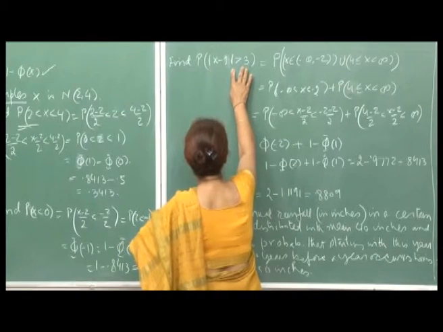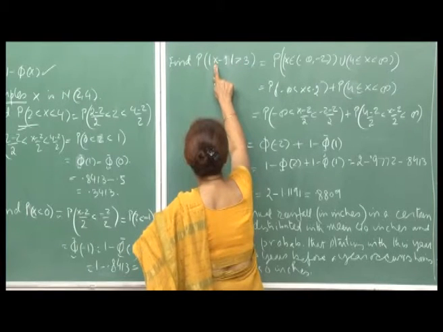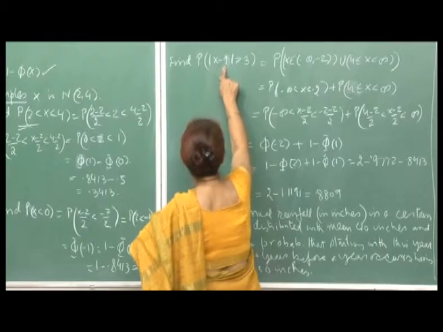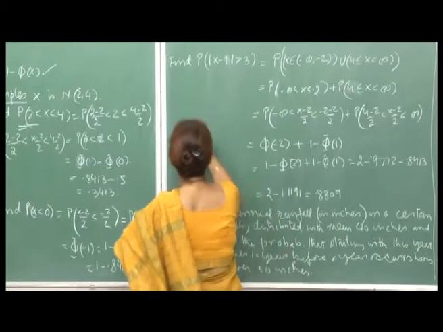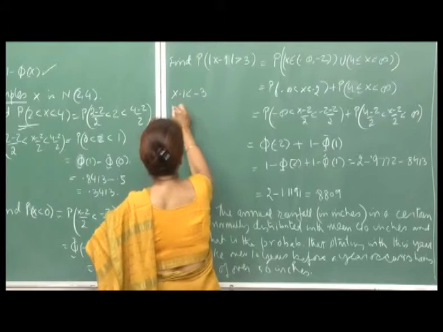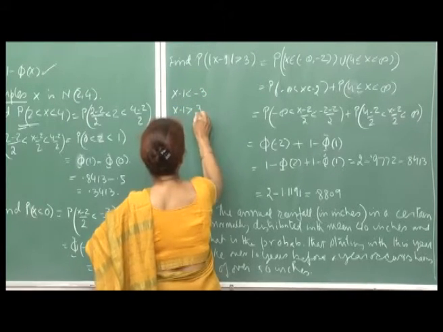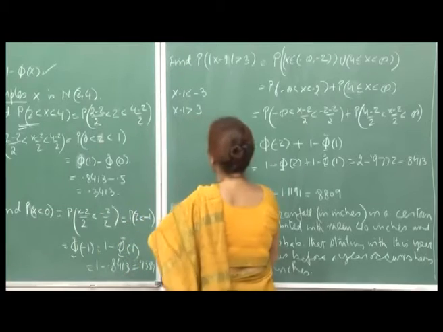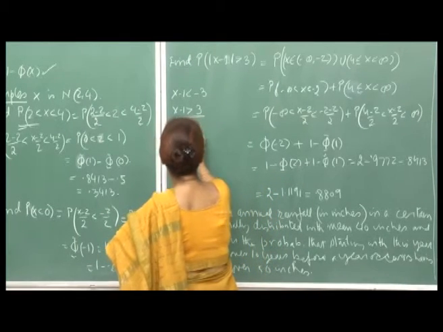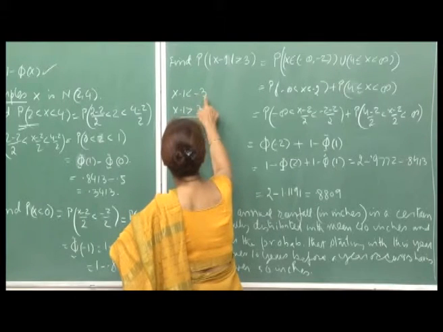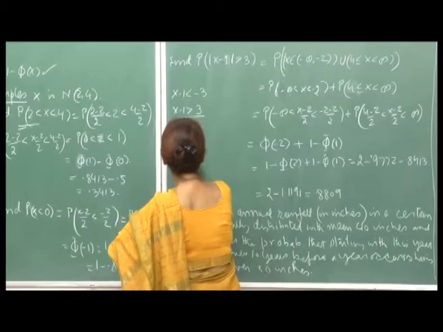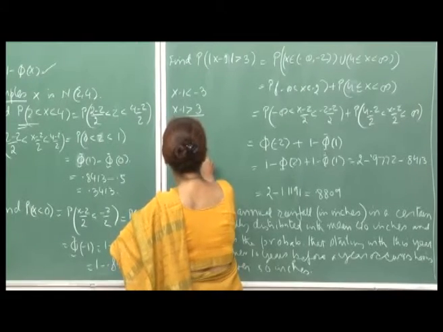Now, when you want to compute the probability that the absolute value of x minus 1 is greater than 3, what are you saying here? You are saying that x minus 1 should be greater than 3 or x minus 1 should be less than minus 3. So, from here, x should be greater than 4, so from 4 to infinity, and from here x should be less than minus 2, so from minus infinity to minus 2.